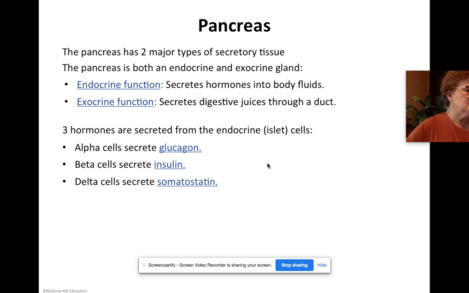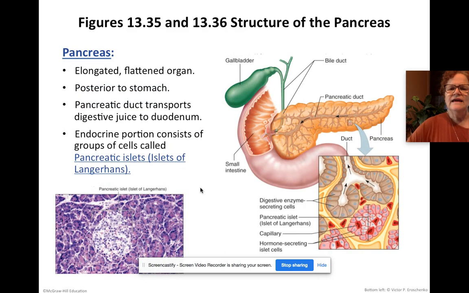The pancreas has both endocrine and exocrine functions, so please know that. And the three hormones that are coming from the endocrine cells are glucagon, insulin, and somatostatin. And look, kind of figure out where the pancreas is in your own body.